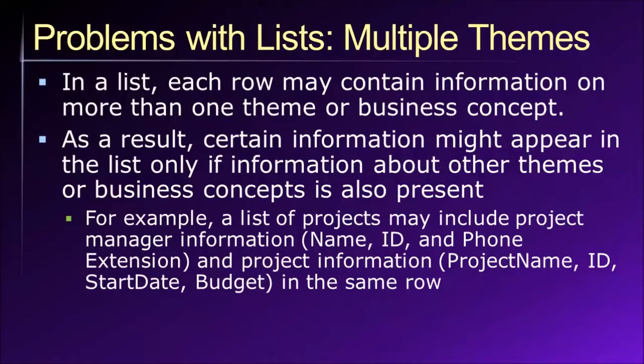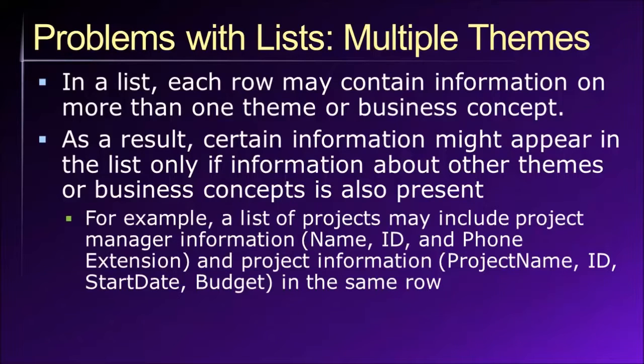An employee is a business concept. Employees have different attributes that we may want to track for each employee in our organization. For example, we may want to track the employee's ID number, the employee's name, the employee's salary. Other examples of business concepts or business themes include things like departments, products, customers, orders, locations, and so forth.